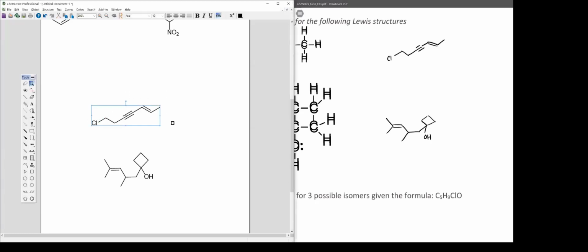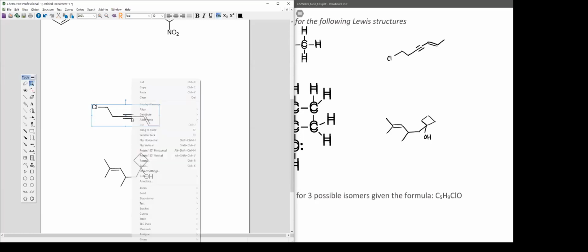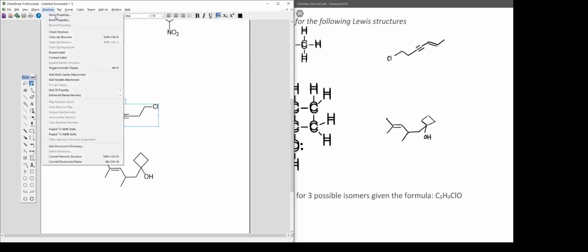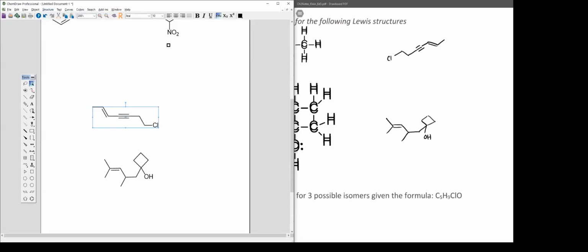And remember, if you take a look here, they could be rotated. That's totally fine. They could be flipped. That's totally fine. I asked the computer to clean it up. That's another way of doing it right there. These are all the same thing, just different ways of drawing them out.